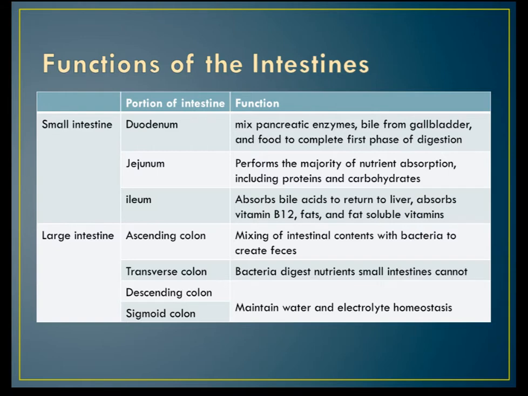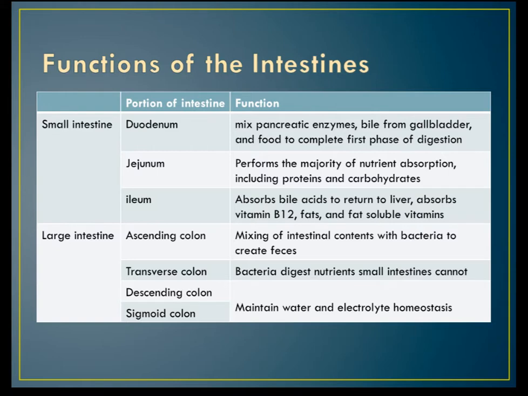The first portion of the large intestine, which is the ascending colon, is where the intestinal contents are mixed with bacteria, and this is at which point we can begin to call the contents feces. Our whole intestinal system has bacteria in it, but it's definitely most concentrated in the colon.